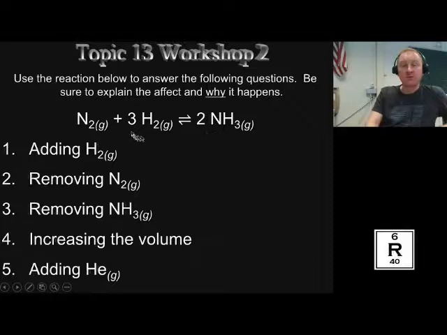So the reverse reaction will speed up as more reactants will form in that process. In the third one, what if we remove the ammonia? Well, if we remove the ammonia, then more nitrogen and hydrogen will react to replace that ammonia. The reactants will react to replace the product. The forward reaction will speed up as more reactants form products.